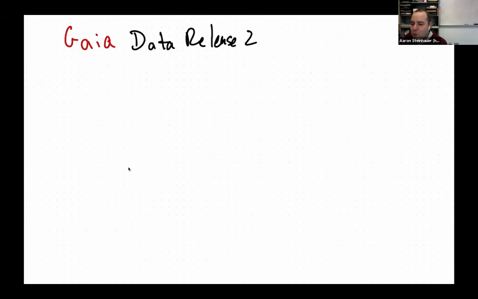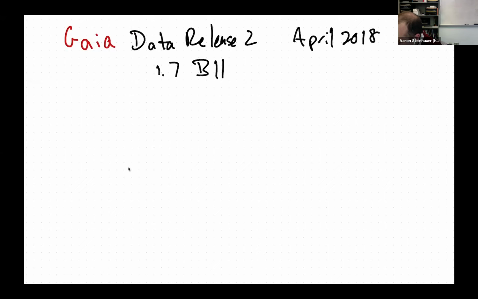Gaia has reported measurements of, this is April 2018, 1.7 billion stars. It's a staggering number. That's 10 to the 9.